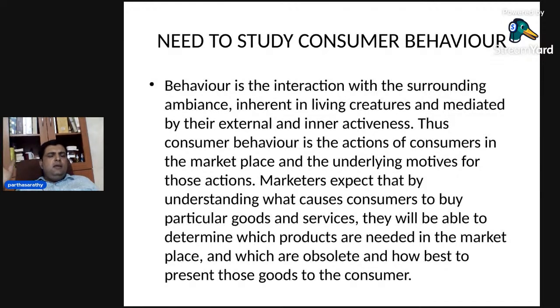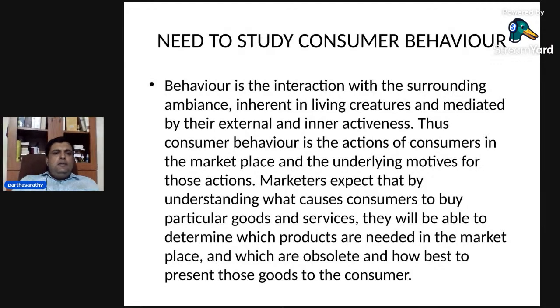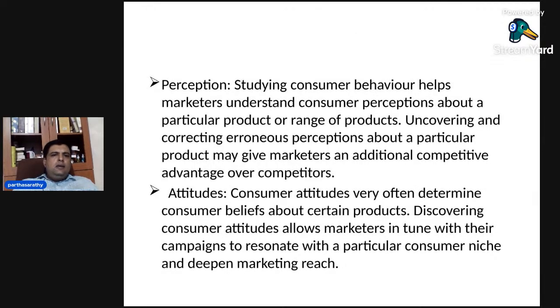Today, if you take toothpaste, for example, we have toothpaste with salt, with neem, Ayurvedic toothpaste, so many different varieties. Why these varieties are being offered to the consumer is the real question, because different customers have different needs with respect to the product and services. So marketers will be able to determine which products are needed in the market, which are obsolete, and how best to present these goods to the consumer.